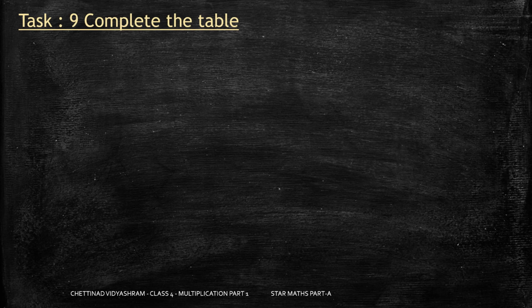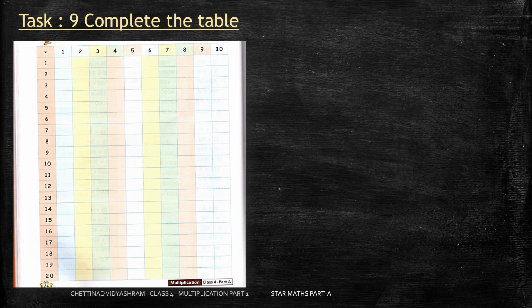Task 9. Complete the table. On page number 72 of your book, they have given a multiplication table that you have to complete. Previously in task 2, they gave tables up to 10 vertically and 10 horizontally. But here, it is 20 vertically and 10 horizontally. In the same way we have to fill the table.